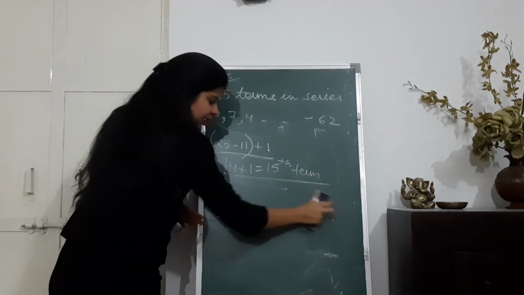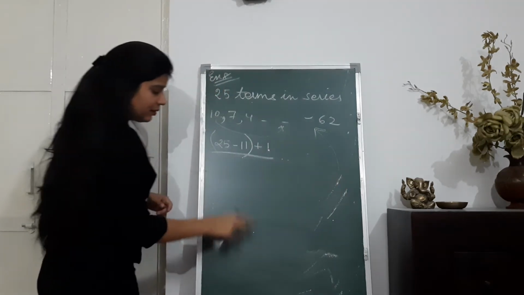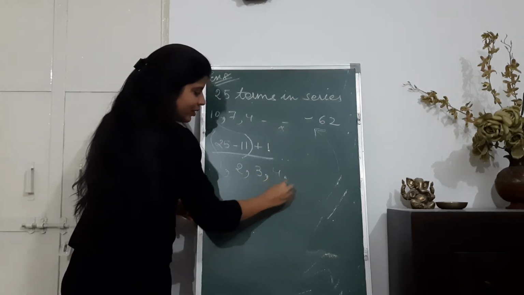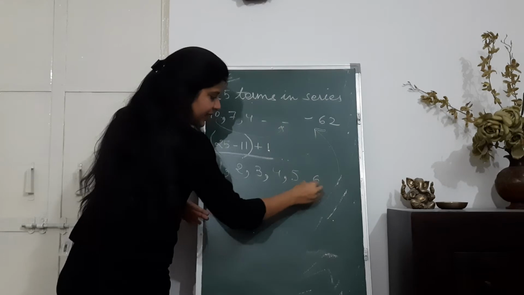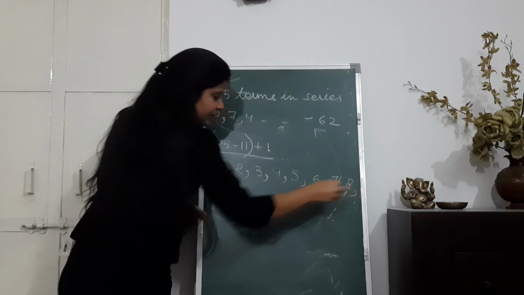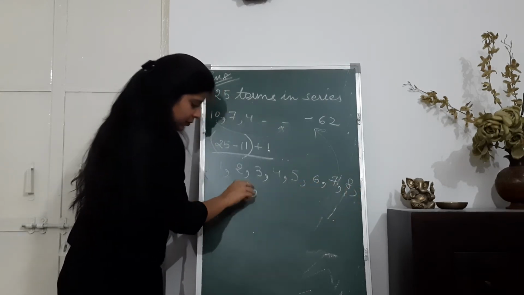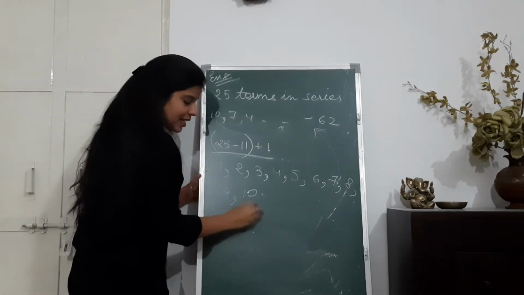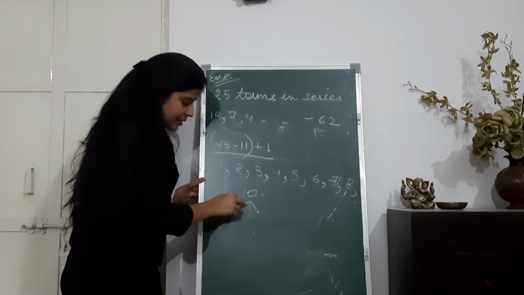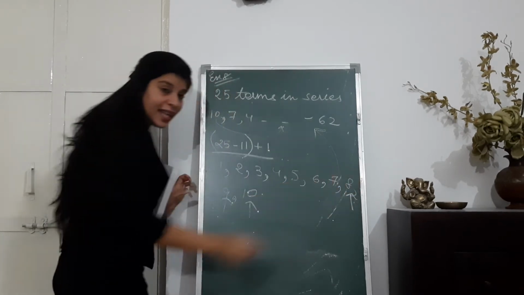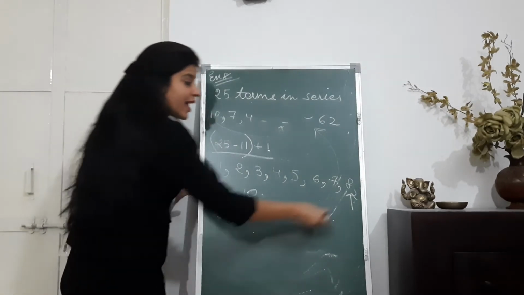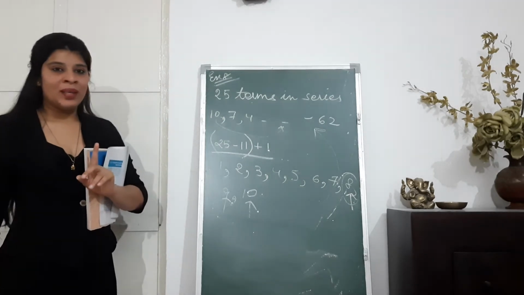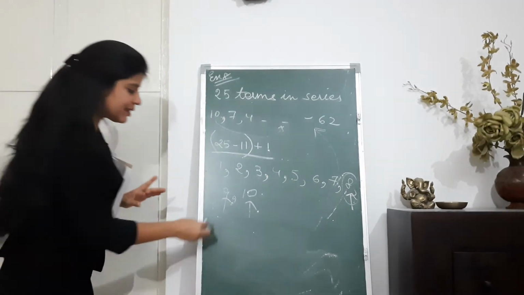Let's check it with a very small example. 1, 2, 3, 4, 5, 6, 7, 8, 9 and 10. This is the last term, this is the second last term, and this is the third last term for this AP. So 8 is the third last term of this AP, and there are 10 terms.